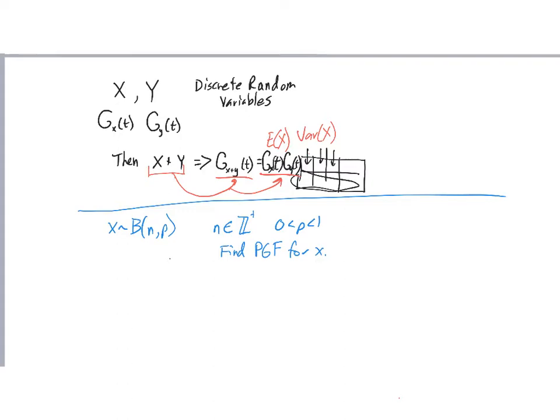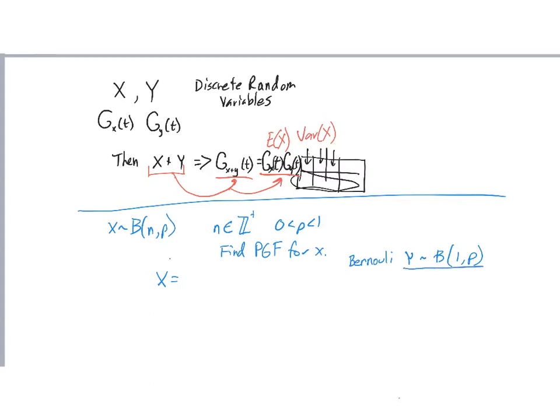In order to do this, I want you to recognize that a binomial is just a Bernoulli that has been repeated over and over and over again. Remember, a specific Bernoulli would have the number of trials be 1 and the probability be p.